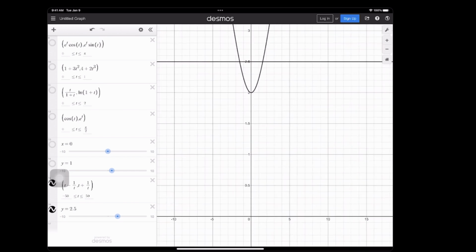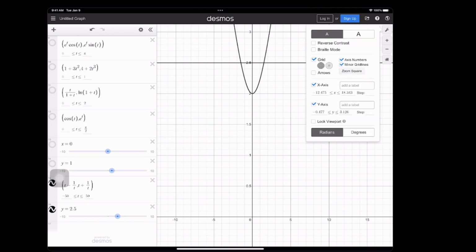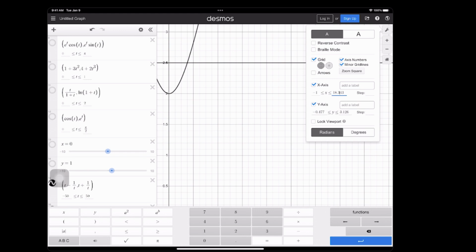So let me see if I can, yeah, there we go. That's better, sort of. If we actually make our, we can change this. Your y-axis can be your x-axis. Let's make that smaller. Let's say from -1 to +1, maybe.